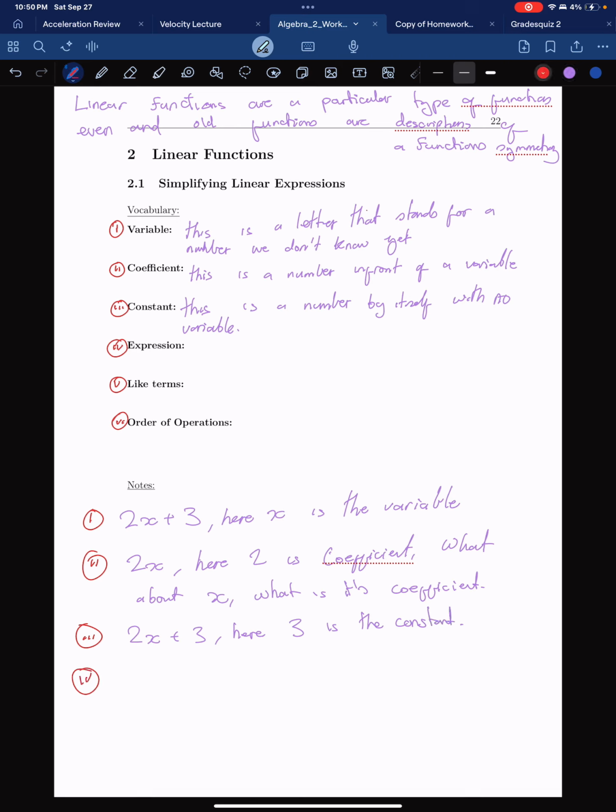Number 4, an expression. So what is an expression? This is a math phrase, all right? Made up of numbers, variables, and operations.